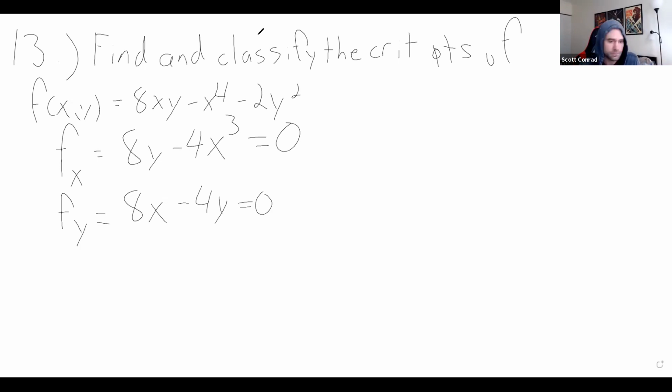The easiest one to do is look at the second one. What does that tell us about the relationship between x and y? Right, 8x is equal to 4y. So then 2x is equal to y.